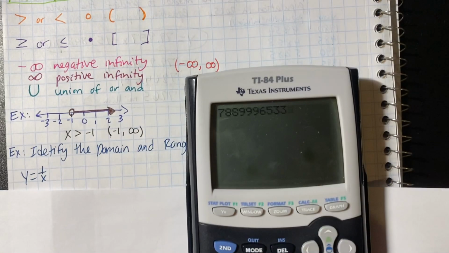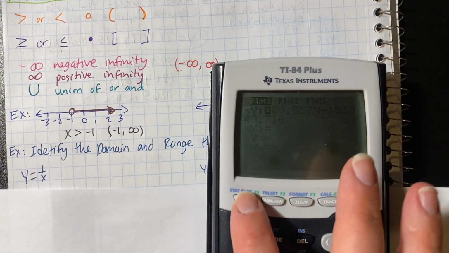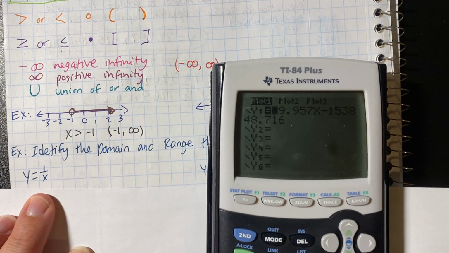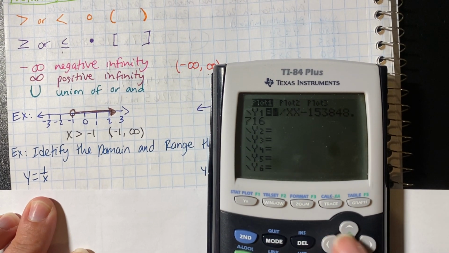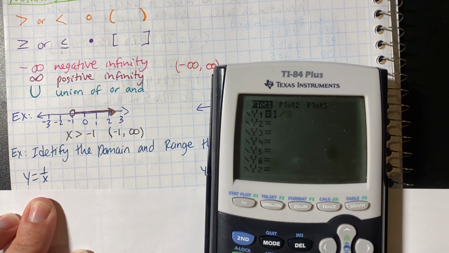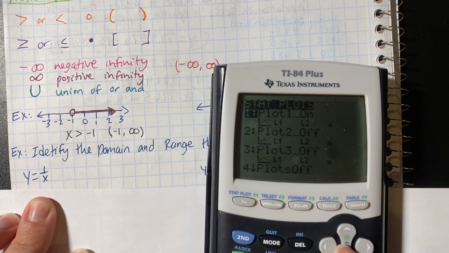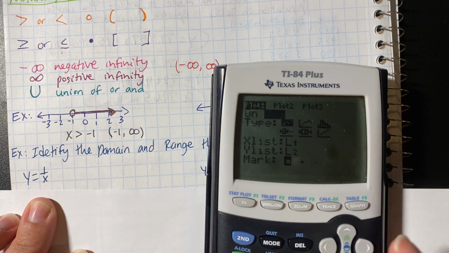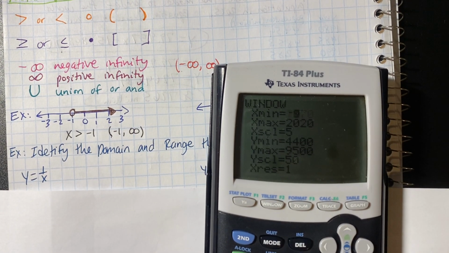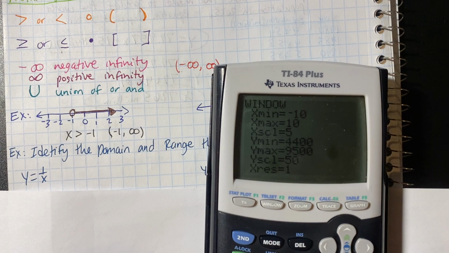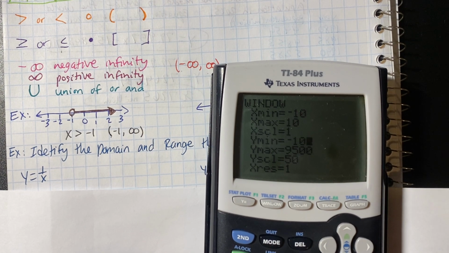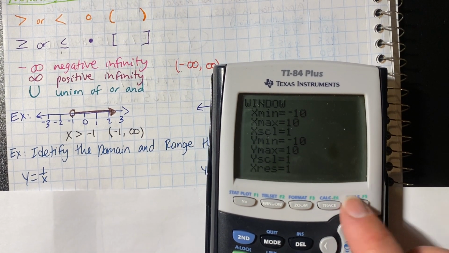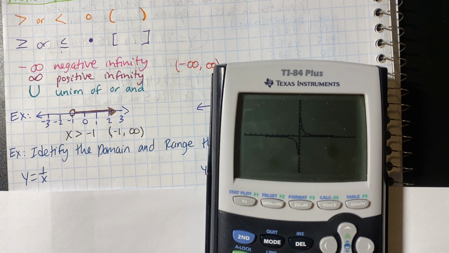Okay, so I'm just going to throw out my calculator, and I need 1 over x. Remember, your stat plot is probably on, so you want to go turn that off. You're going to want to make your window probably the standard window, which is -10, 10, -10, 10, 1.